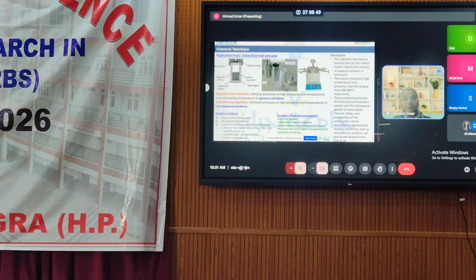There are different kinds of hydrothermal reactors in the market. I just put 2-3 types. Normally people use this kind of hydrothermal reactor. They have a capped Teflon beaker, and then a stainless steel chamber.